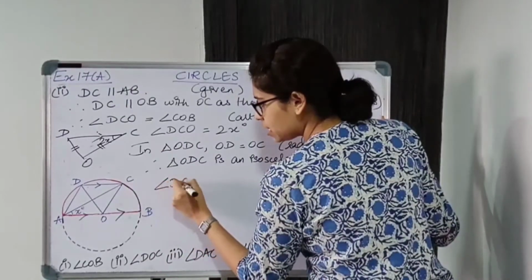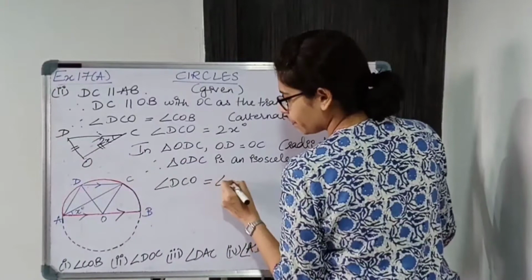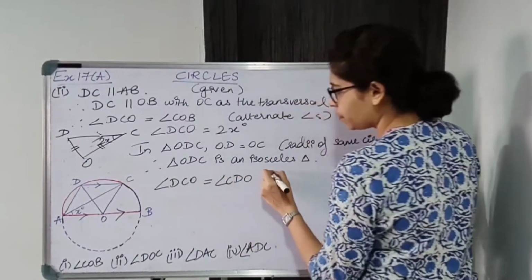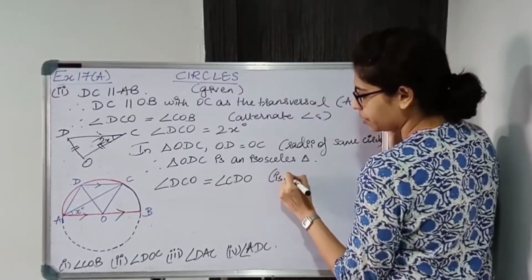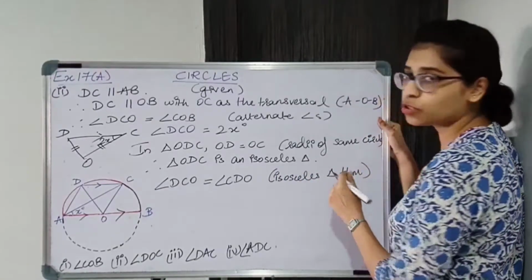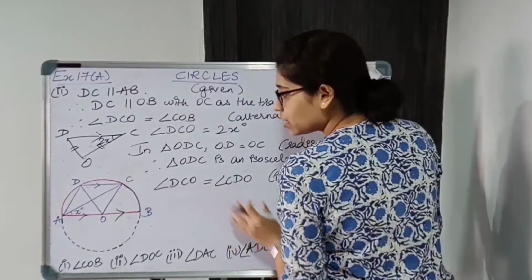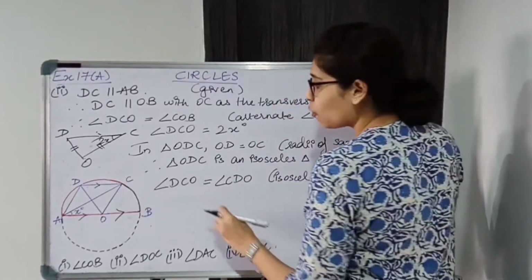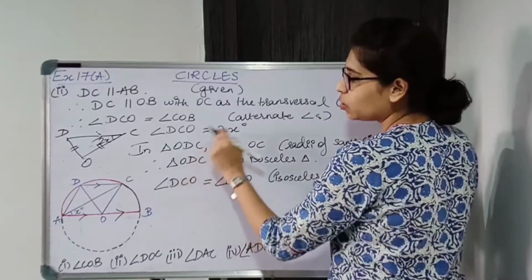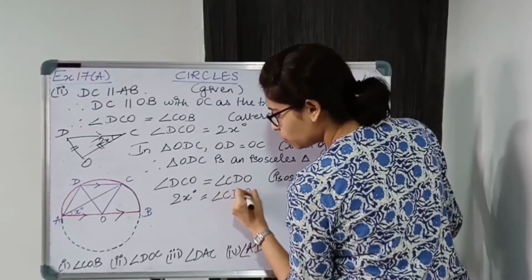So angle DCO is equal to angle CDO. Okay, isosceles triangle theorem. Don't draw symbols, don't use short forms, write full sentences. Now these two angles are equal, and we just found DCO is 2x. So CDO is also equal to 2x.